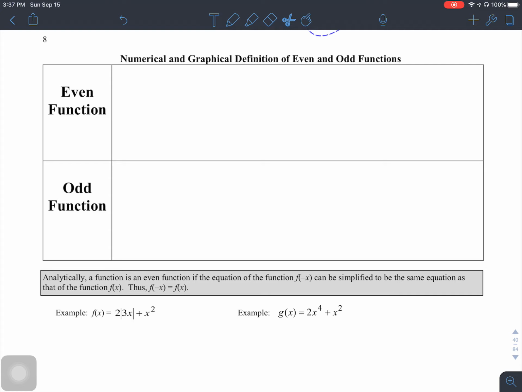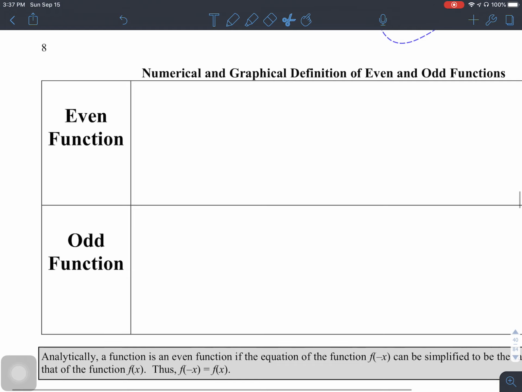Numerically and graphically, the definition of even and odd functions. Even function.